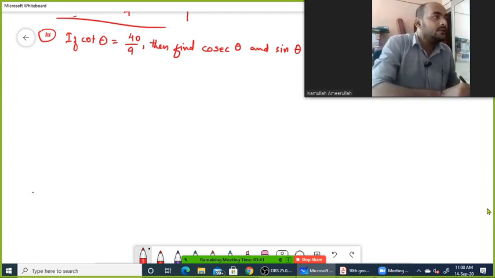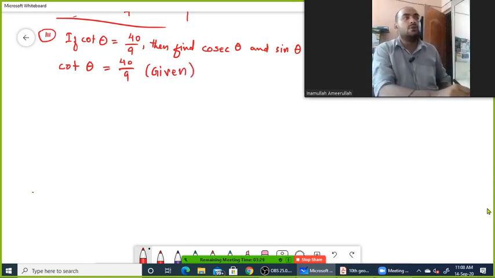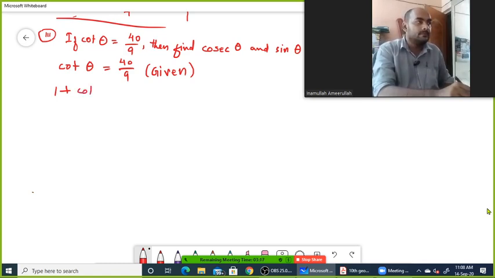It is already given that cot theta is 40 by 9. So this is given information. We need to find out cosec theta and sin theta, and I am going to use the trigonometric identity 1 plus cot square theta is equal to cosec square theta.